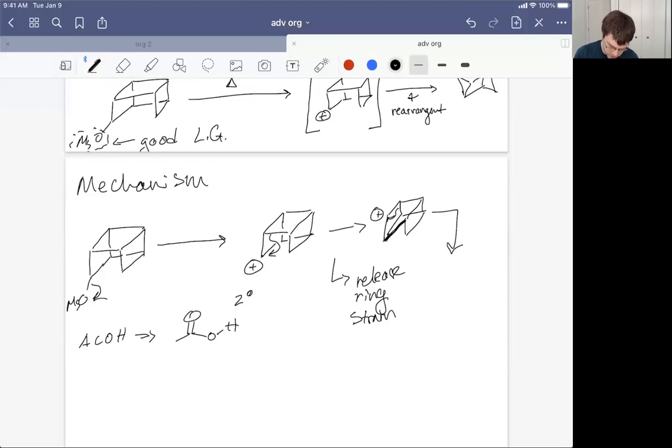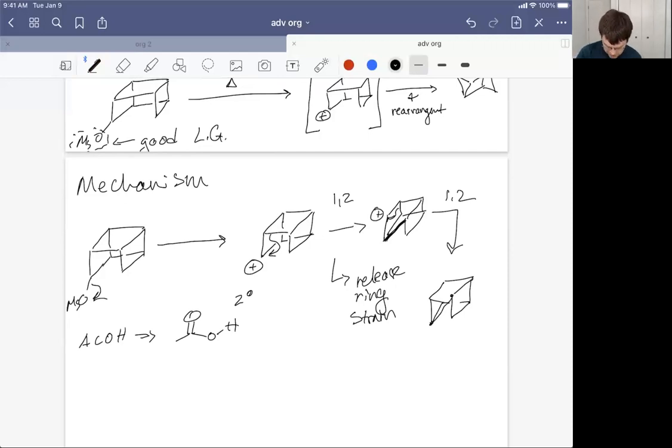So it's two consecutive 1,2 shifts. And that gives rise to, okay, so now that bond's gone. And this goes over here, and this goes here, and this goes here. And now I believe this goes here.